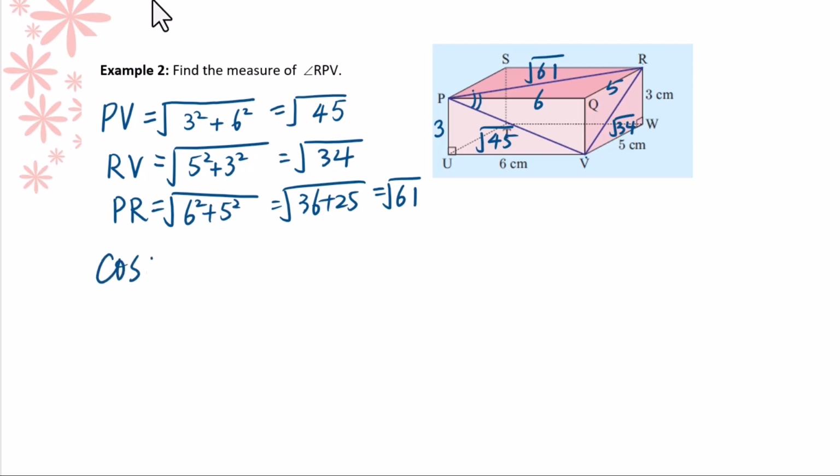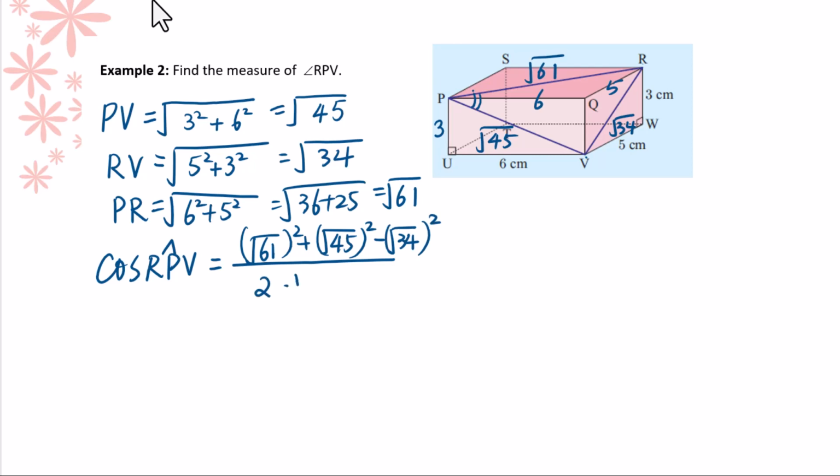Cosine of angle RPV equals the two sides that form this angle, which we will count as A and B, so the square root of 61 squared plus the square root of 45 squared minus the square root of 34 squared, all over 2 times the square root of 61 times the square root of 45.